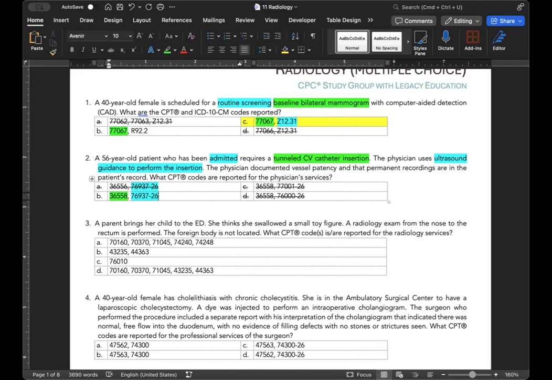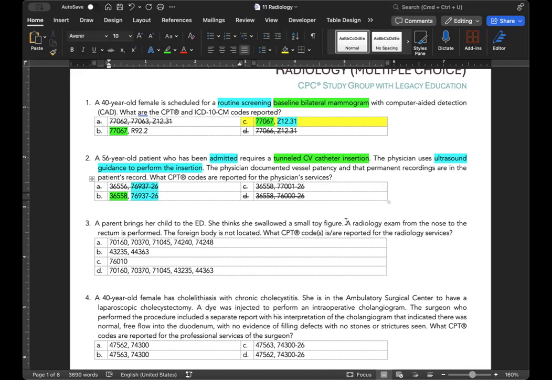So for this one, here's a little trick. When you have multiple x-rays that are done, or this is probably more a single x-ray, it's what's known as a babygram.